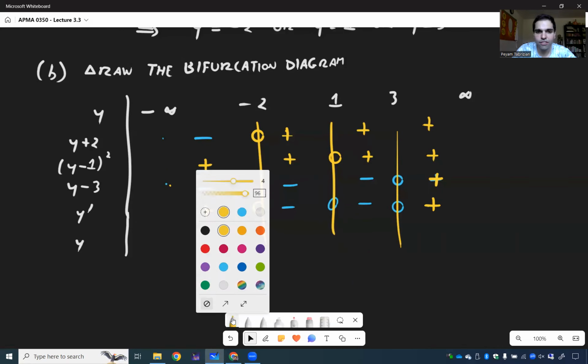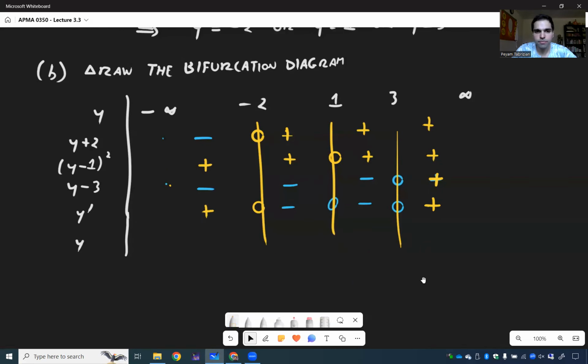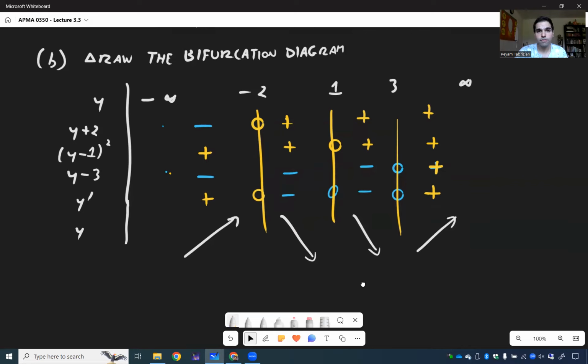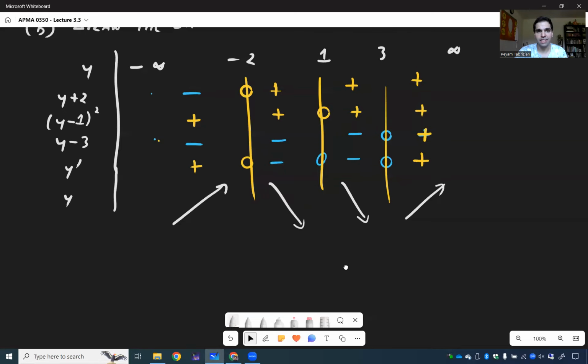When it's negative, the function is decreasing. So it becomes increasing, decreasing, decreasing, increasing. It's one thing.